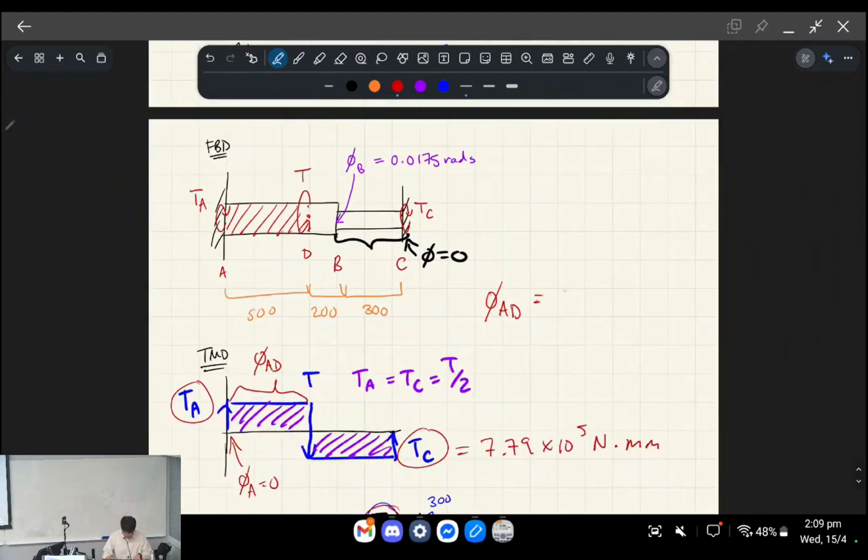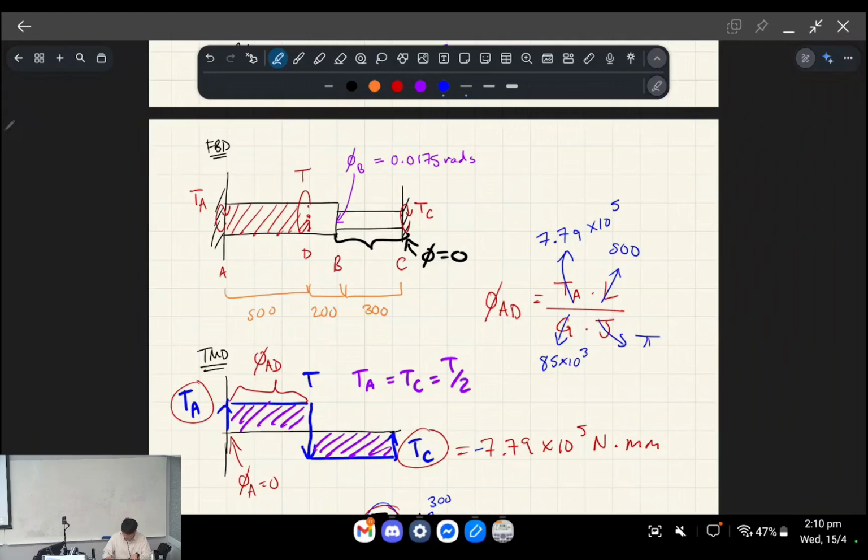And so that's T of A times L over G times J. Okay, so L is 500. T is 7.79, this one's negative, times 10 to the 5. And then G is 85 times 10 to the 3.